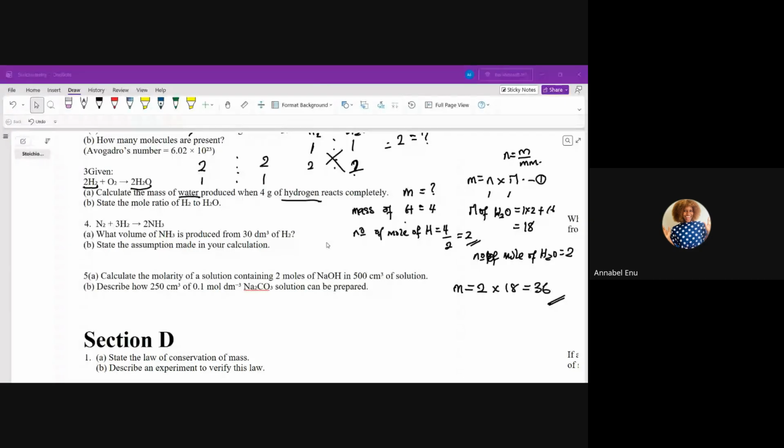Okay, so let me ask you, what would be the molar mass for oxygen? Efosa, what's the molar mass for oxygen?